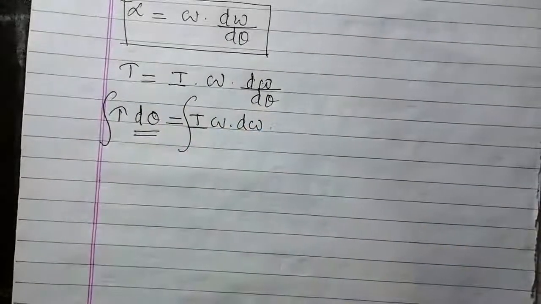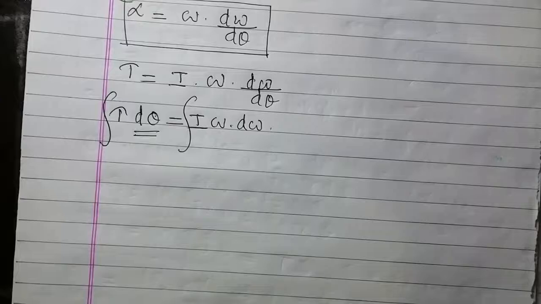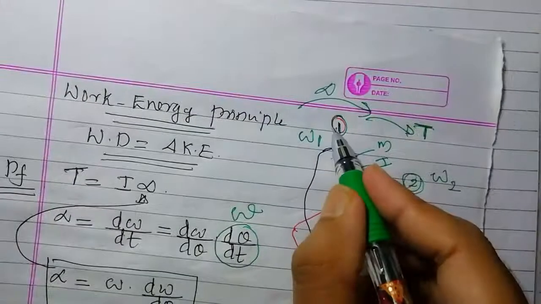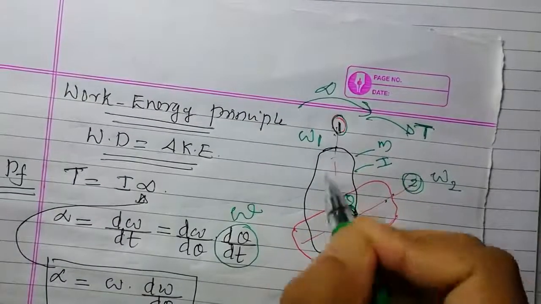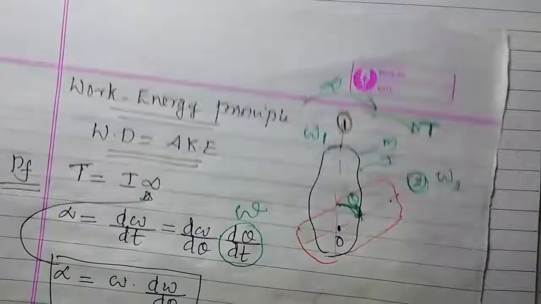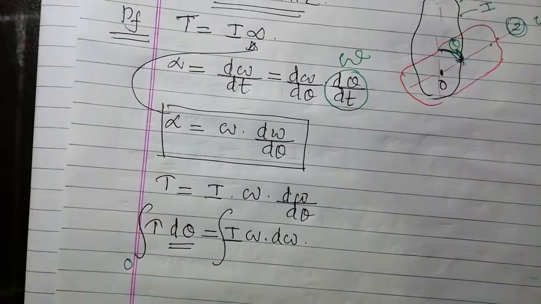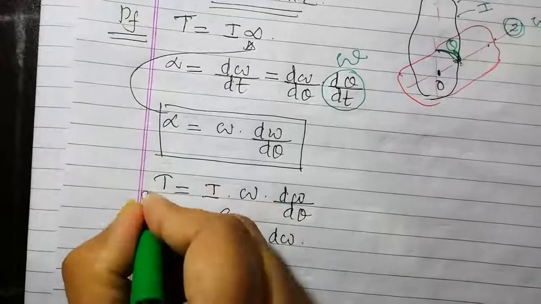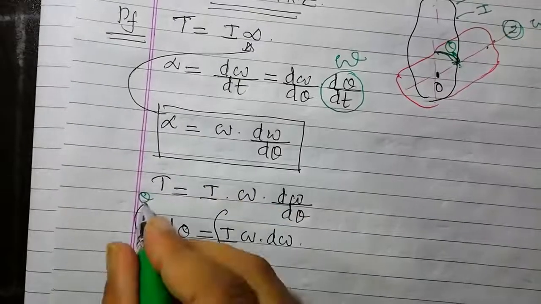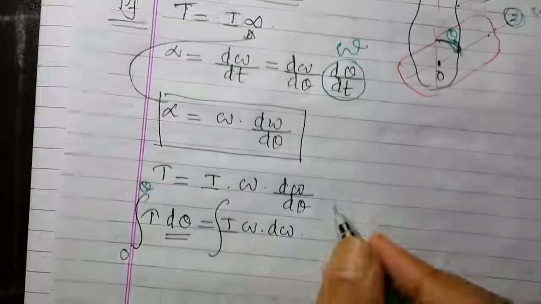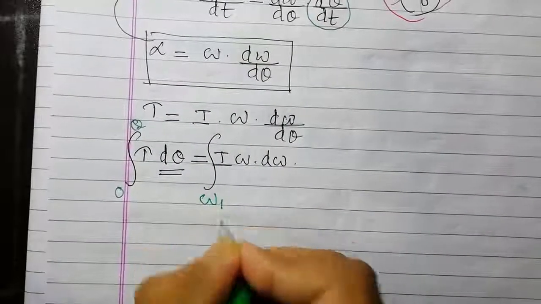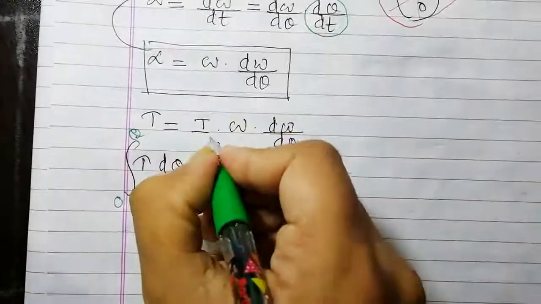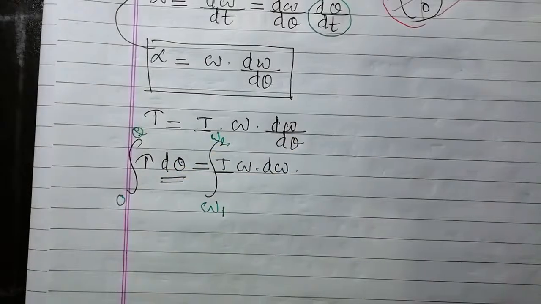The limits of the integral: at the starting point the body has 0 angle, so this limit is 0, and the final angle is theta. At the starting point the angular velocity is omega 1 and the final angular velocity is omega 2.